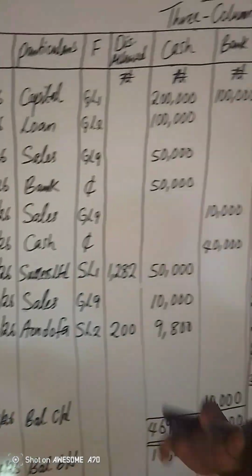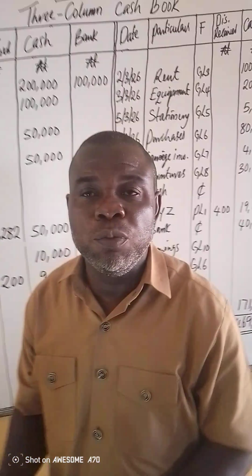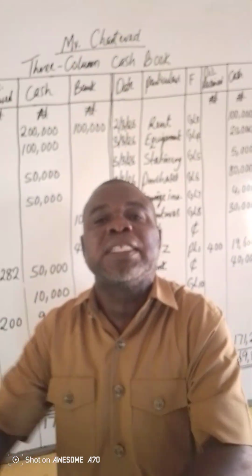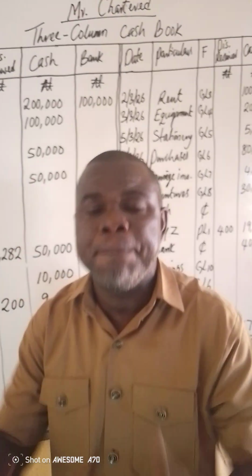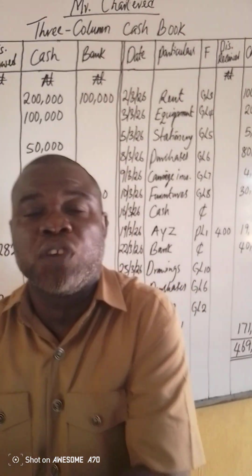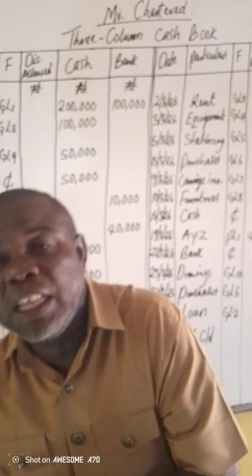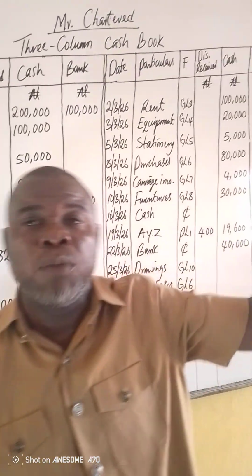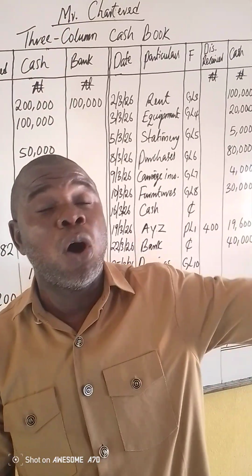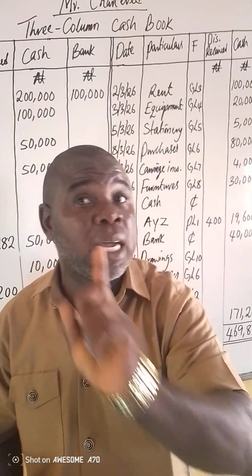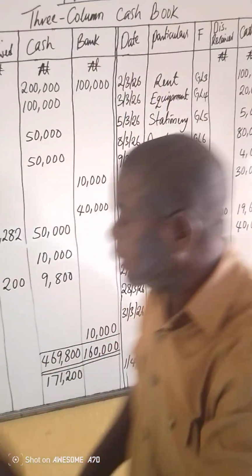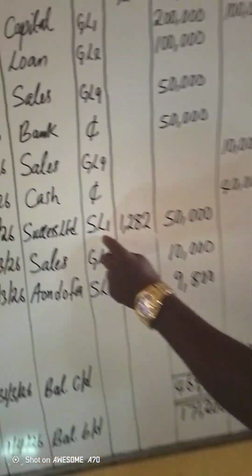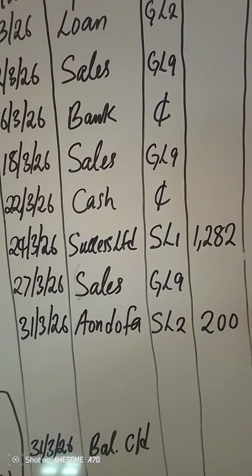I told you that when we talk of folio, SL means the amount that is being received from customers or the amount that will be received from debtors or trade receivable. Any amount received from them, initially the transaction was on credit. If you are receiving money from debtors or your customers, that is when SL is used. So this is the first sales ledger 1. And that is the right folio to be used here.